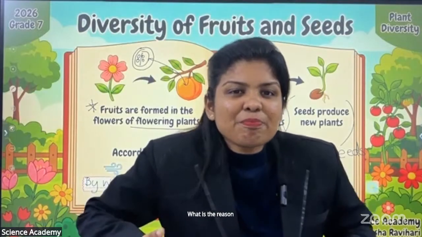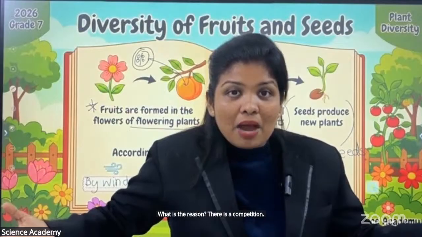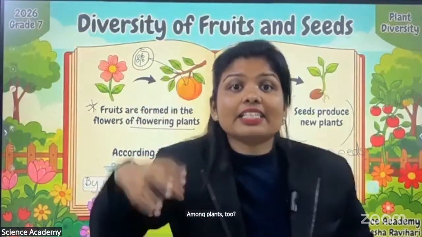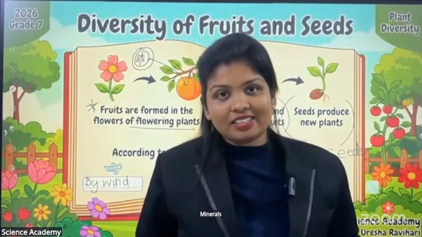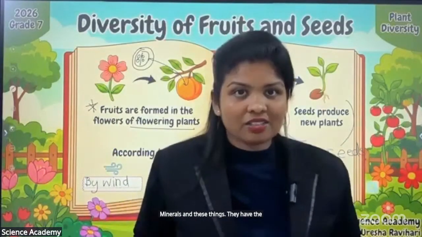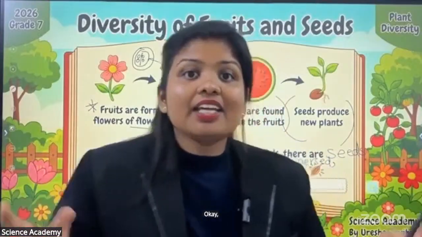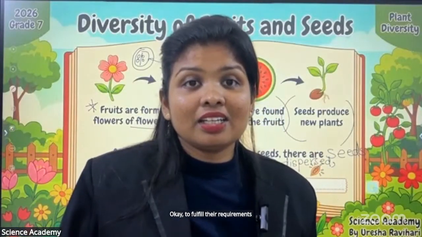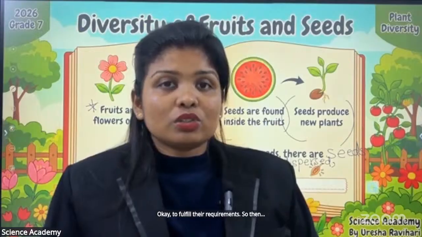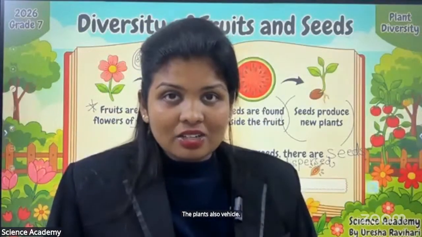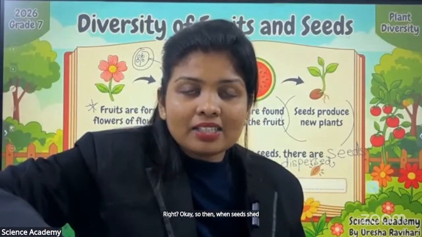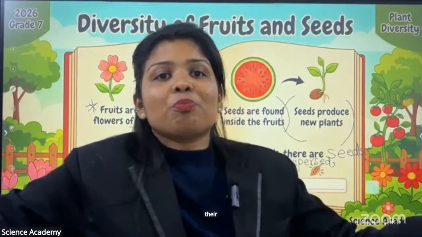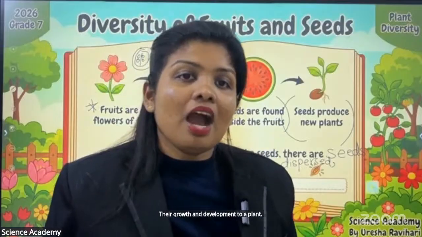There is a competition among plants to get nutrients, water, minerals, and these things. They have the competition to fulfill their requirements. So then the plants also weaken, right? So when seeds shed under the mother plant, their growth and development to a plant may be unsuccessful.